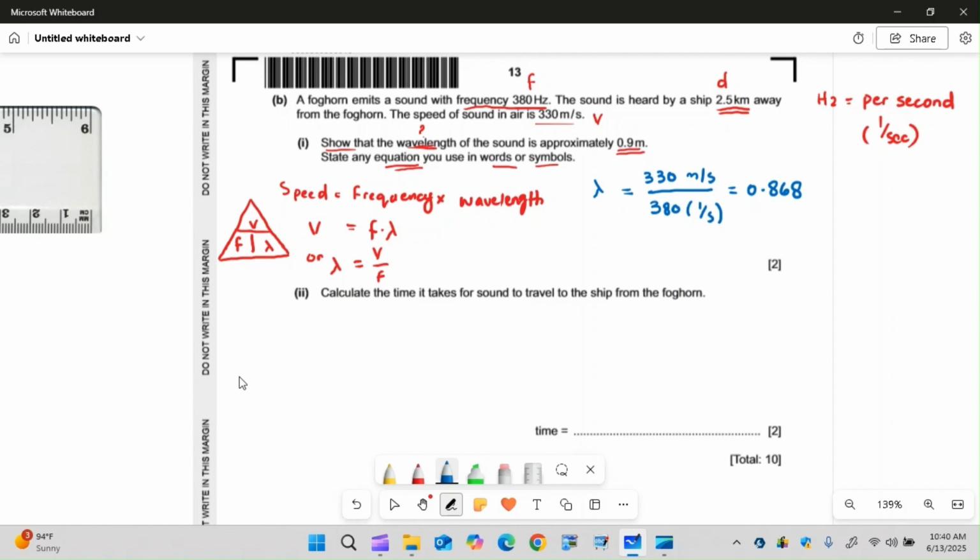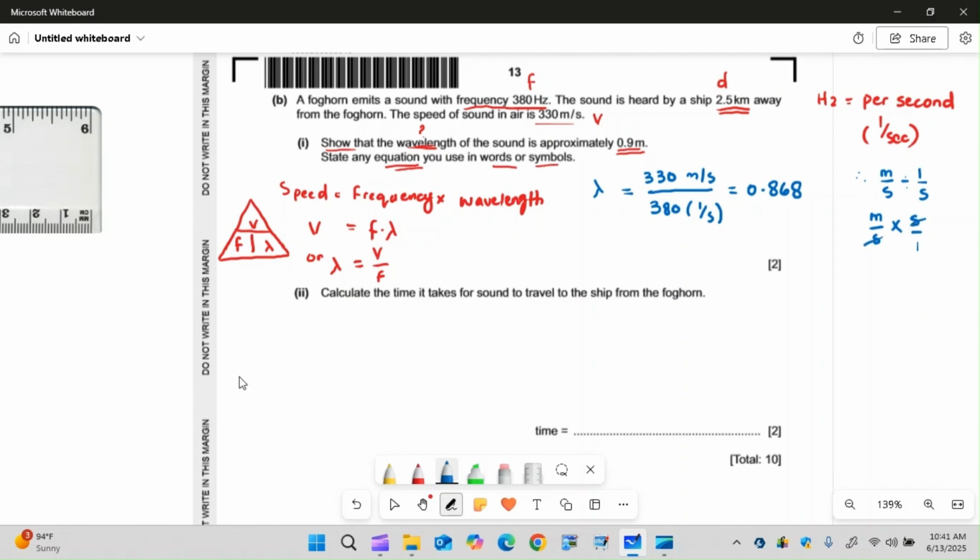Now it comes to unit. If I focus on the units only, the numerator is meter per second, denominator is 1 over second. So if I solve it, keep, change, flip, I keep meter per second, I change division into multiplication and flip 1 over s to s over 1.